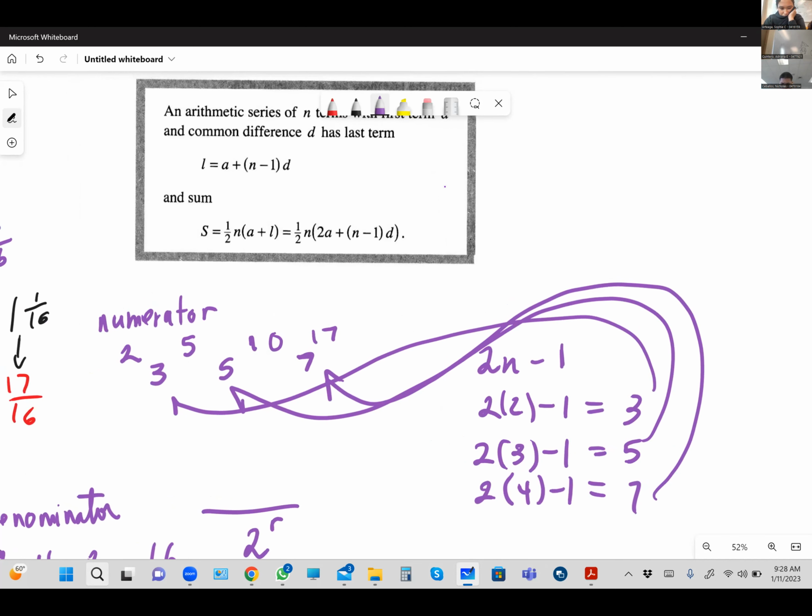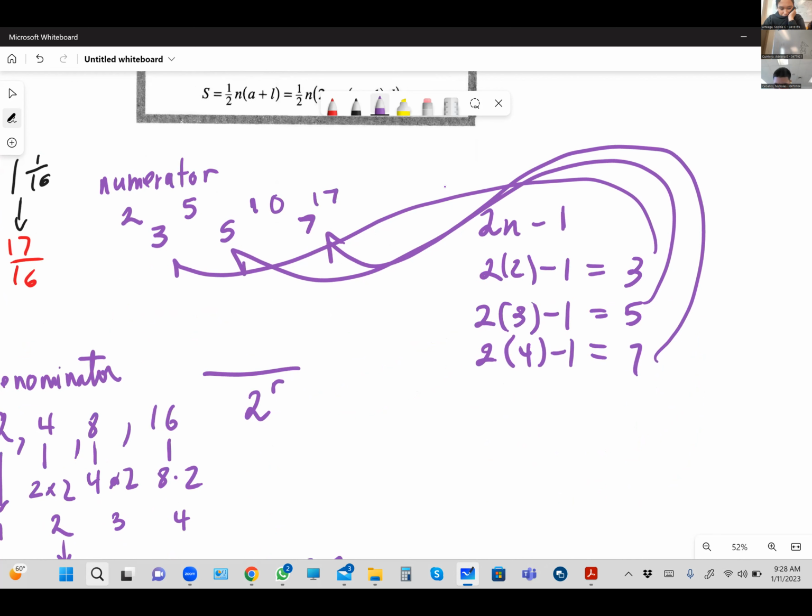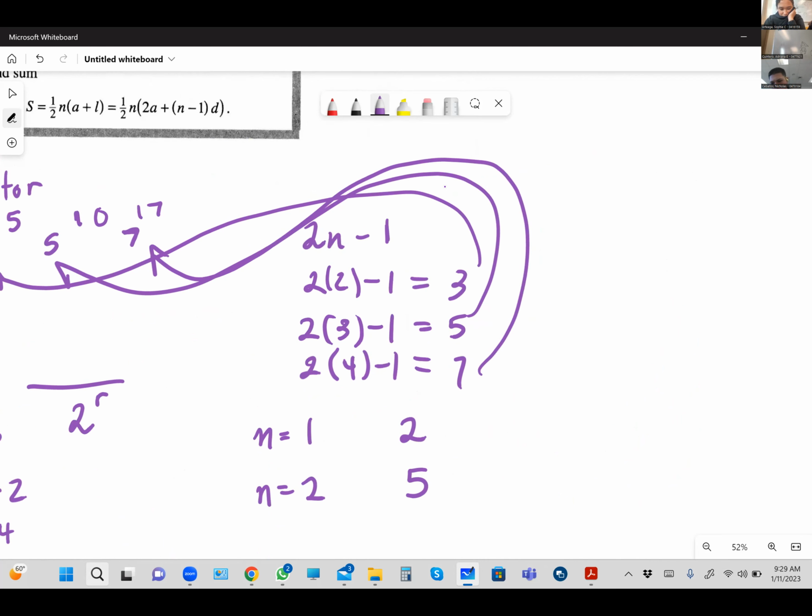So how would you write the numerator? You know you want for n equals 1, you want it to be a 2. When n equals 2, you want it to be a 5. So think about it.